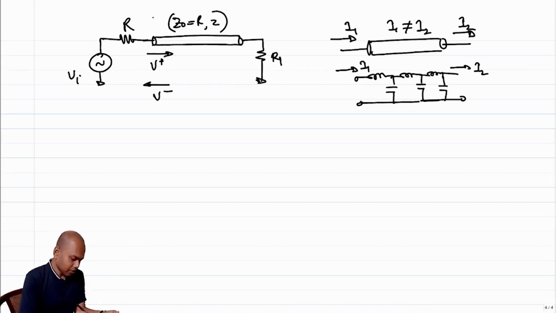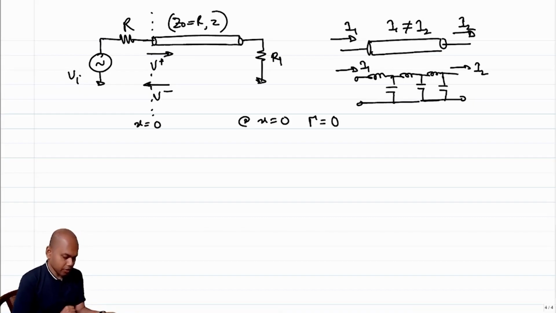Now note that at this interface, the reflection coefficient gamma at x equal to 0 is essentially 0 because Z0 is equal to R. So if gamma is equal to 0, V minus is equal to 0, which means I minus is equal to 0, correct?